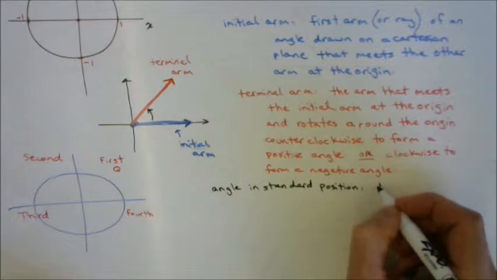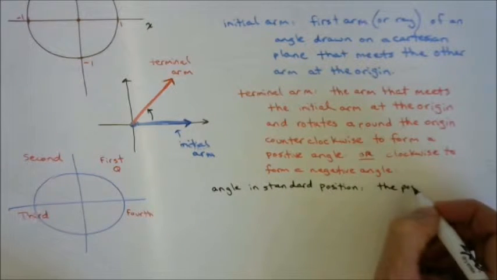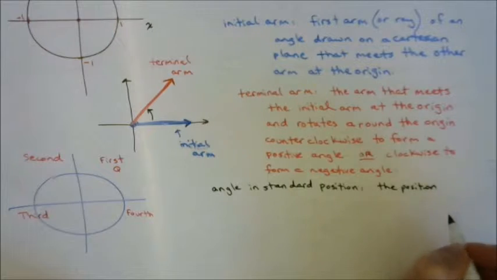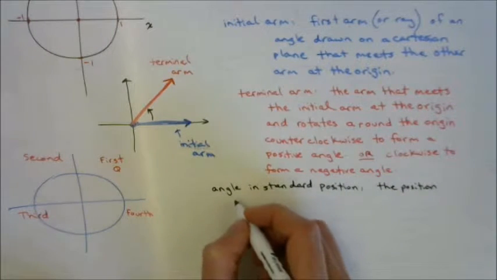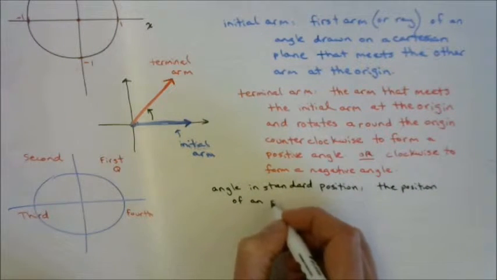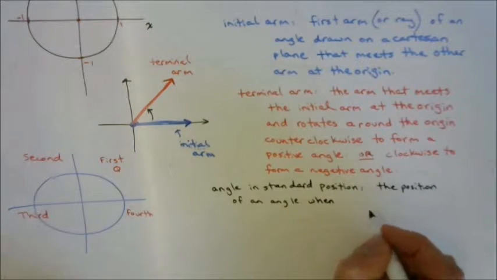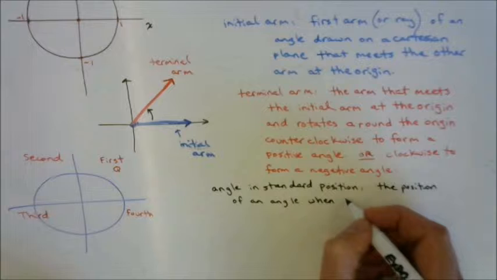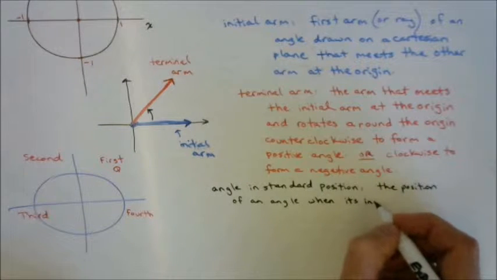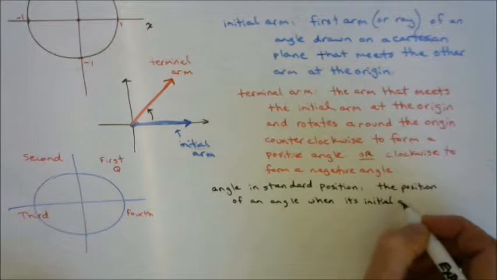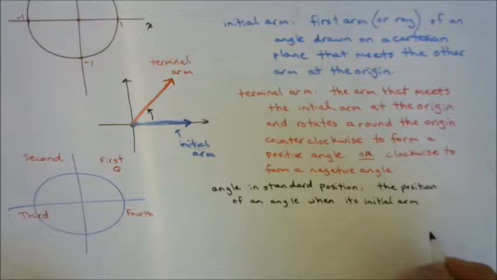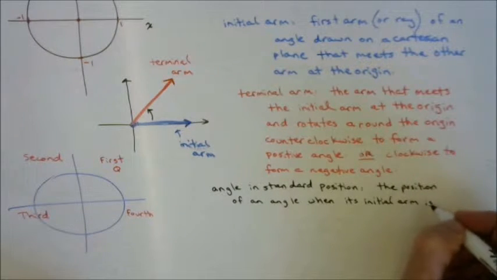This is the position of an angle when its initial arm is on the positive x-axis.